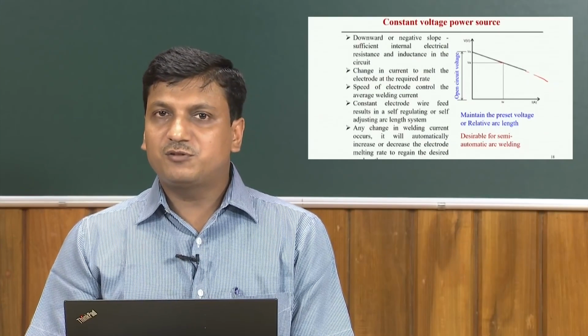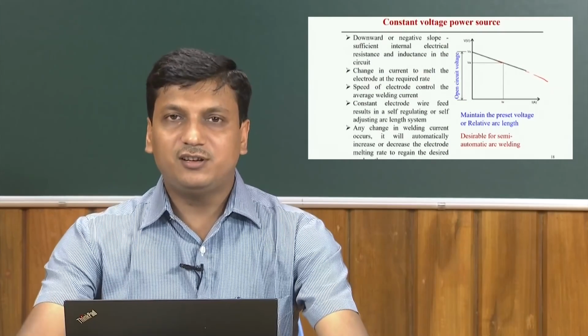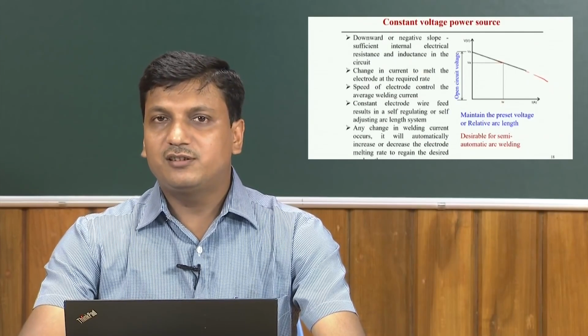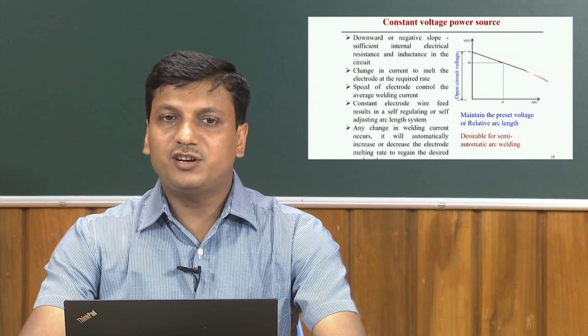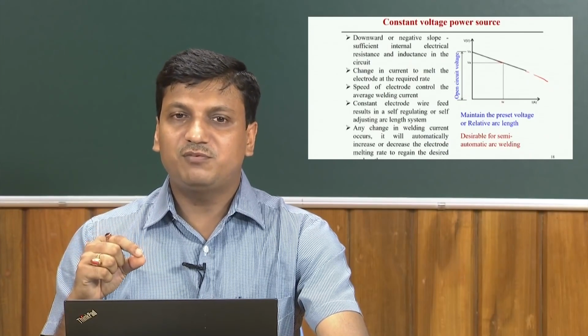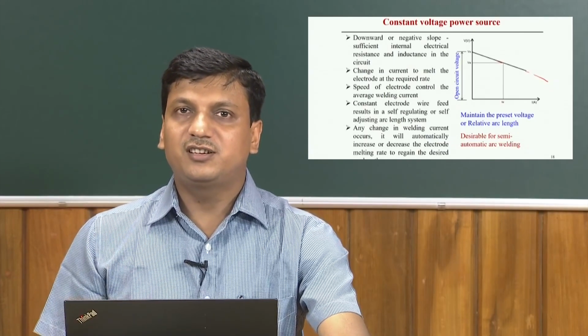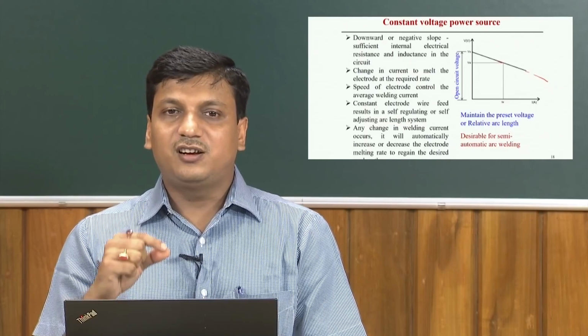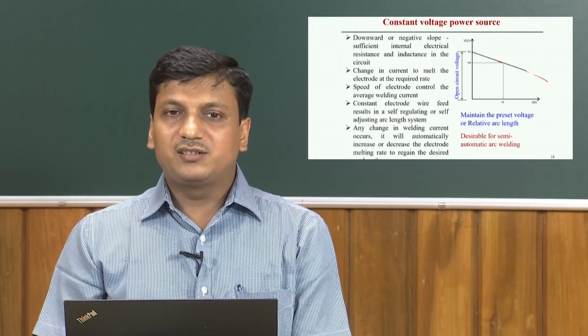Speed of the electrode wire feed also controls the average welding current, and constant electrode wire feed is self-regulating, creating a self-adjusting arc length in the system.